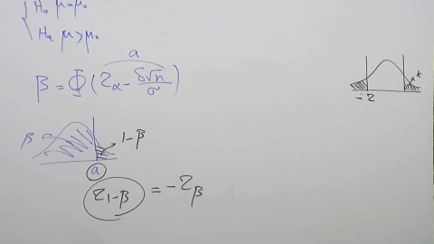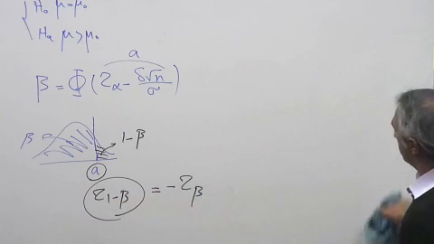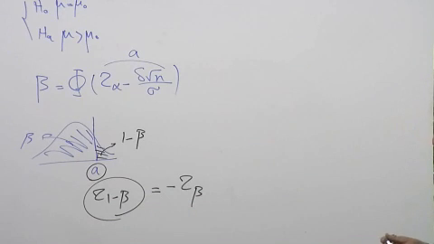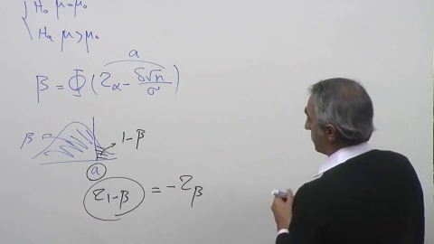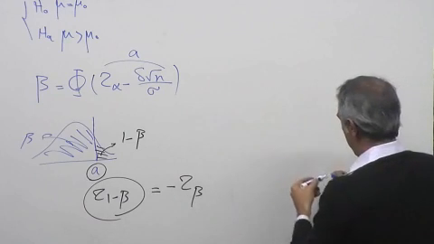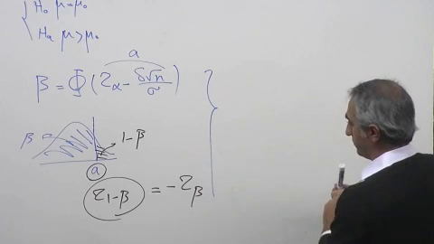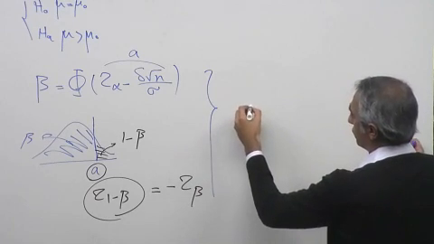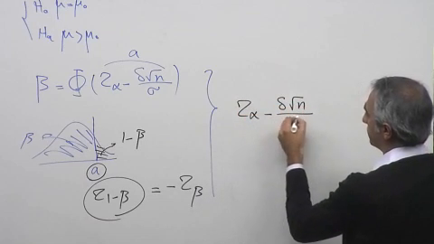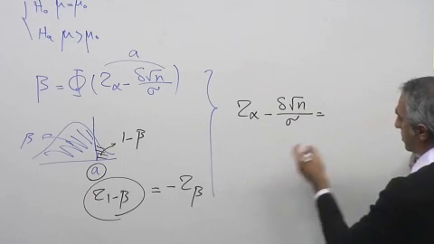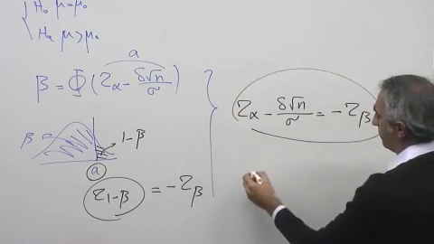So Z of 1 minus beta and minus Z beta are the same. Then I'm going to combine these two. So my A is minus Z beta. Then I solve it for n.